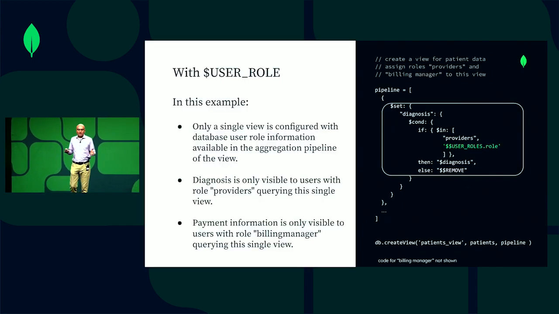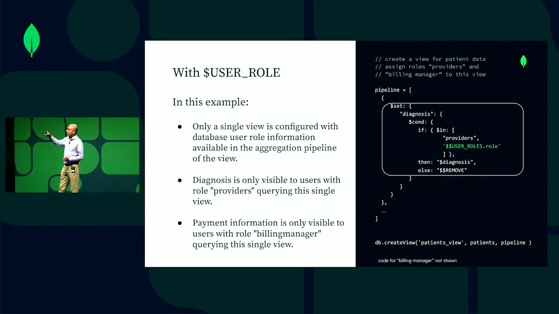What this feature does is that it allows the database role information of the user invoking the query on a particular view to be available inside the aggregation pipeline that is configured for that view. So in this code snippet, what you're seeing on the right is an incomplete code snippet.